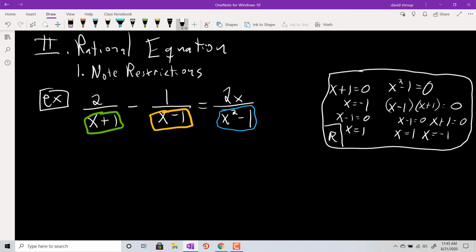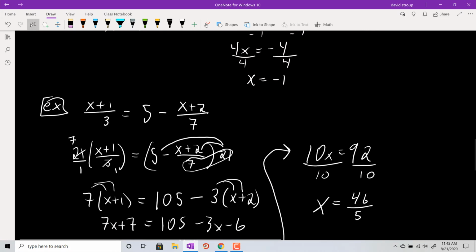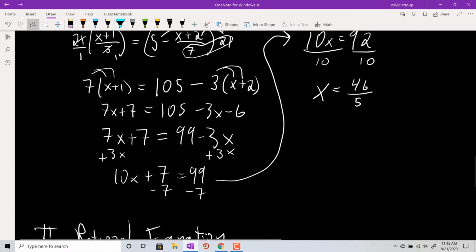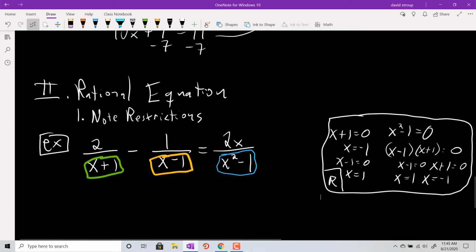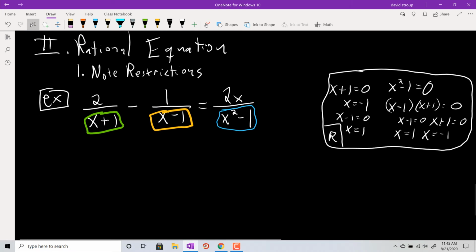Now it's a lot like the previous problem when we had to find something that's divisible by the denominators and the smallest thing possible. So it looks like we need something to get rid of the x plus 1, so we'll multiply by an x plus 1, and then we need something to also get rid of the x minus 1, so I'll multiply by x minus 1 as well.